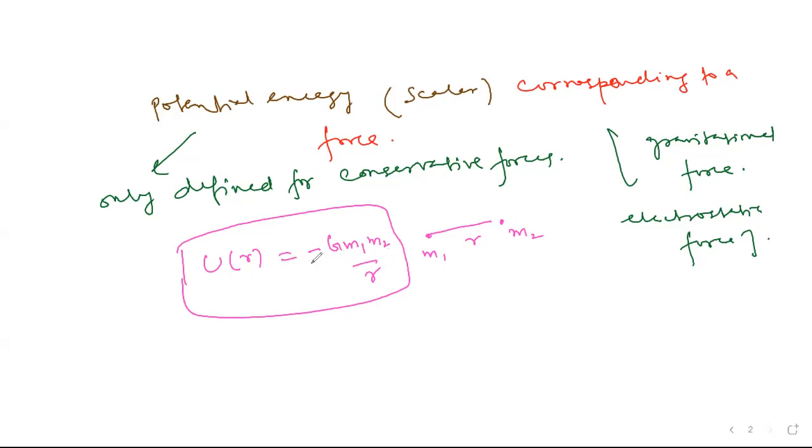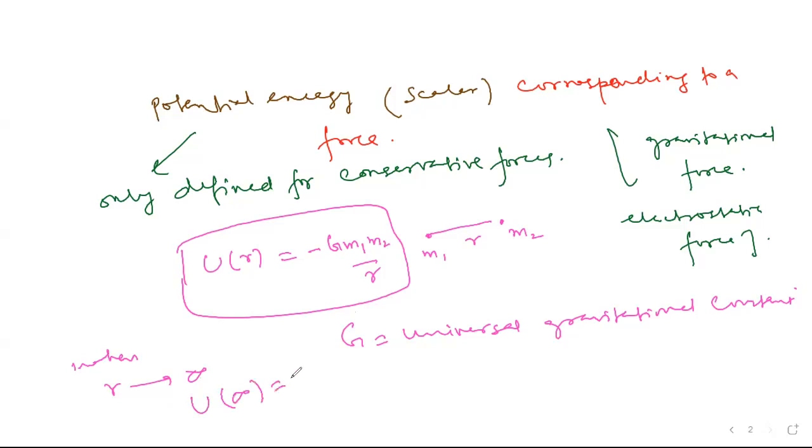And in this expression, G is a gravitational constant. You know this is universal gravitational constant. And in this expression, it is assumed that when r tends to infinity, that means when m1, m2 are infinitely separated by infinite distance, then the potential energy in that particular configuration is assigned the value of 0.